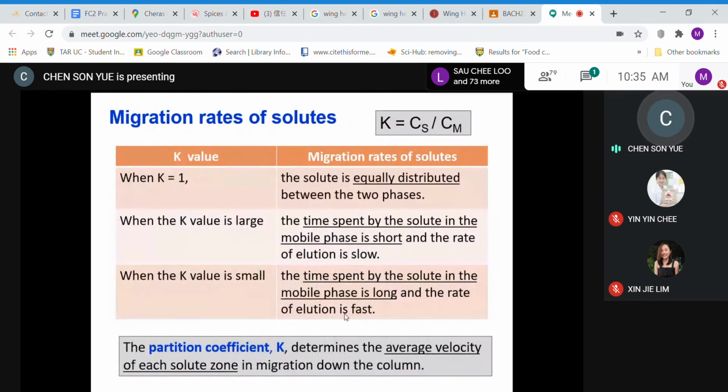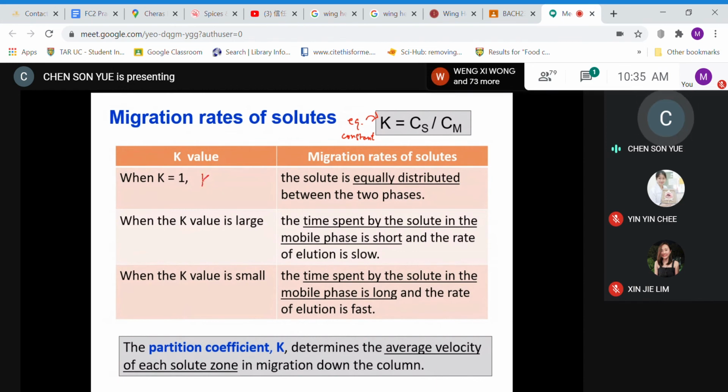So we come back to the K here. Since we know the K is about the equilibrium constant, this happens, of course, at equilibrium condition when K is equal to 1.